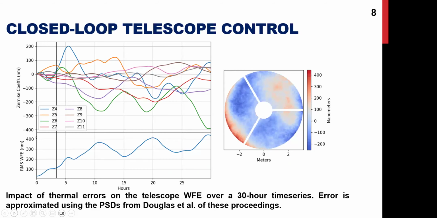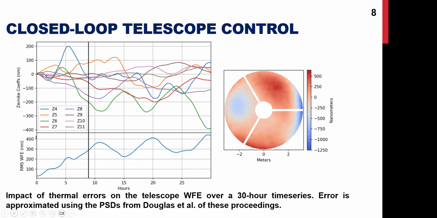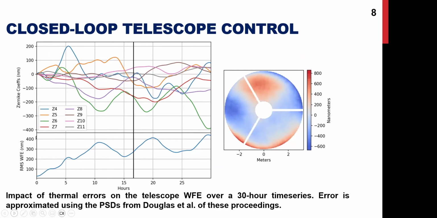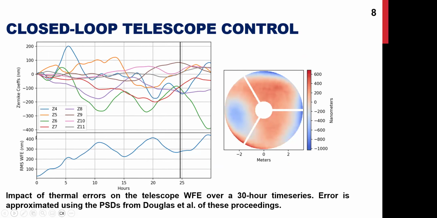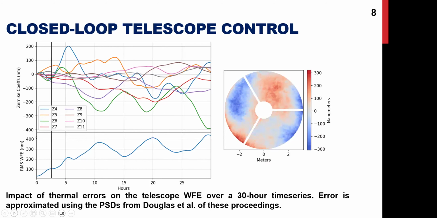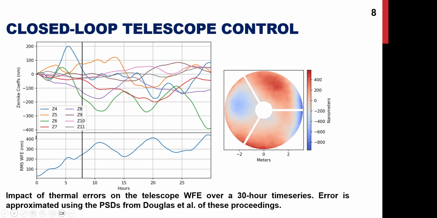So this shows what that big graph of PSDs meant earlier. Each one of those PSDs describes the temporal evolution of a specific Zernike mode. Add them all together, you get this.